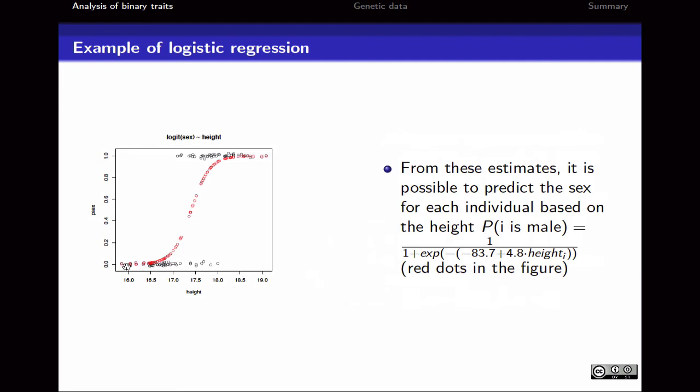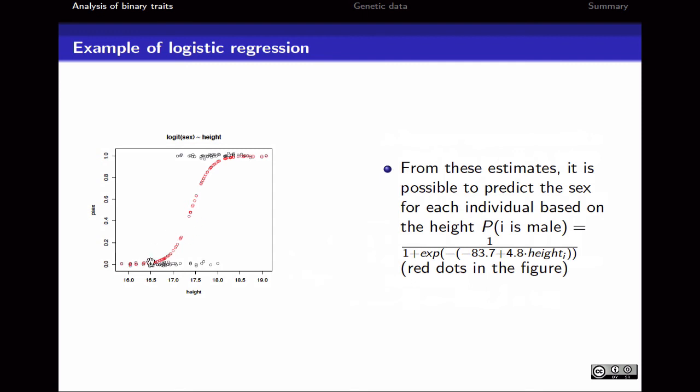So these predicted values are presented as red dots on this graph, and actually the result, if you look at this, is very intuitively clear. Now you see that the model does a very good prediction when the height is very short or just short, then the model predicts for these individuals that they are females.